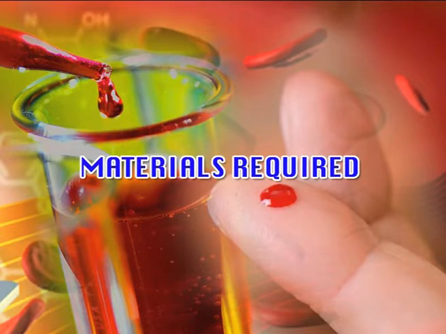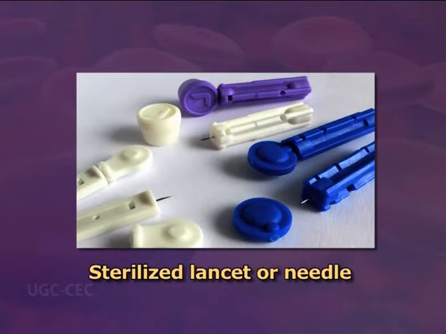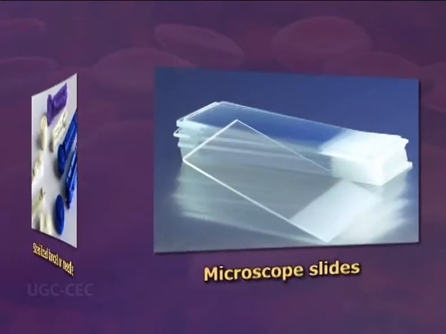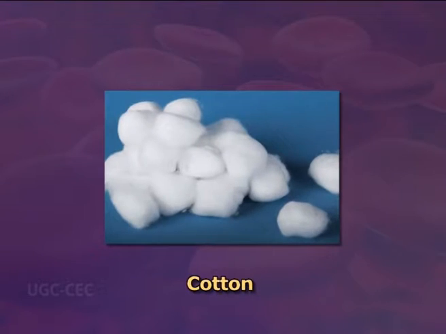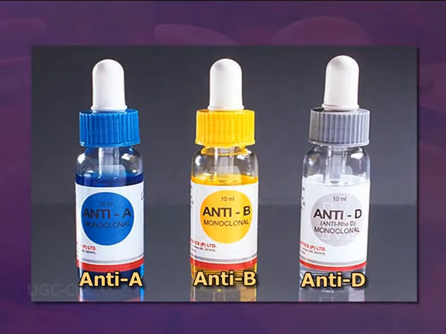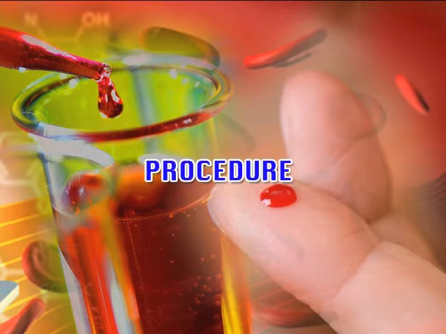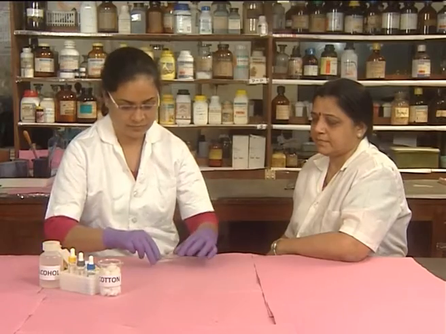Materials required: sterilized lancet or needle, microscope slides, ethanol, cotton, anti-A, anti-B and anti-D sera. Procedure: obtain a clean microscope slide.